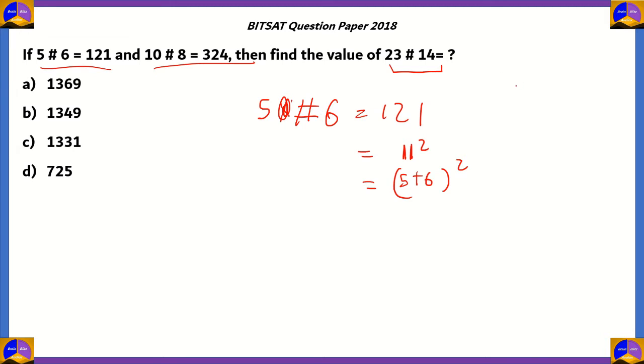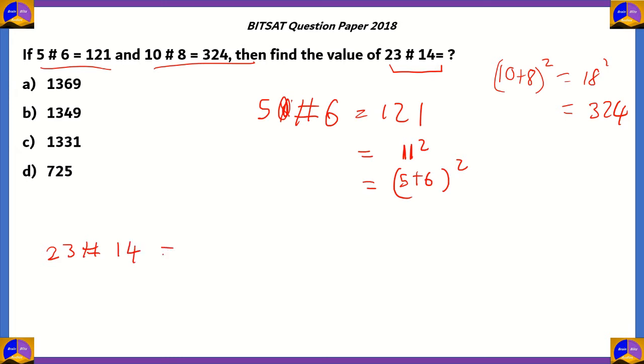And if you want to prove that again, then you can just take 10 plus 8 the whole square, that is 18 squared, and 18 squared is actually equal to 324. So therefore, we know that the operation hashtag represents the square of the sum of the two numbers. So now we need to find out the value of 23 hashtag 14.